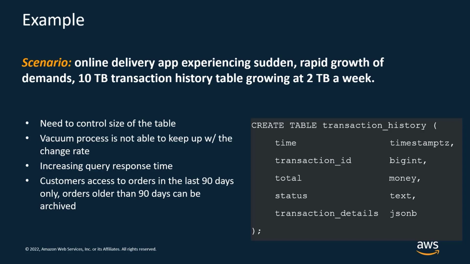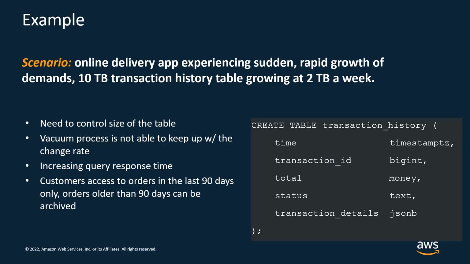From a database perspective, we have a transaction history table that keeps track of all transaction activities. Transaction activities are inserted only, but never updated. Because of the nature of the data, the size of the table is growing at a rapid rate, and that's becoming very difficult to manage.